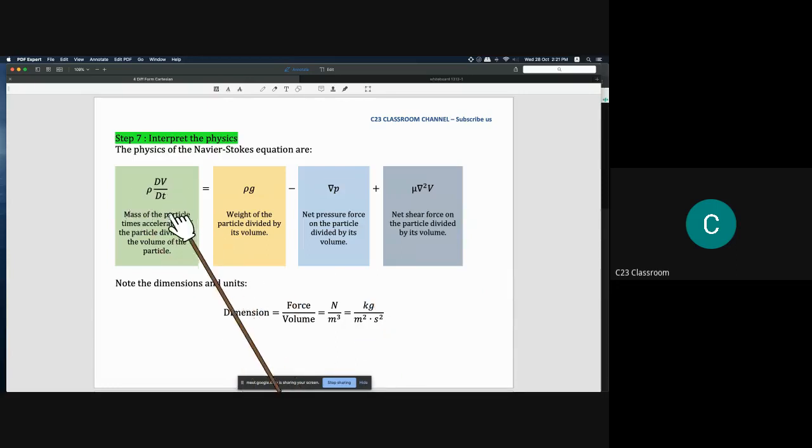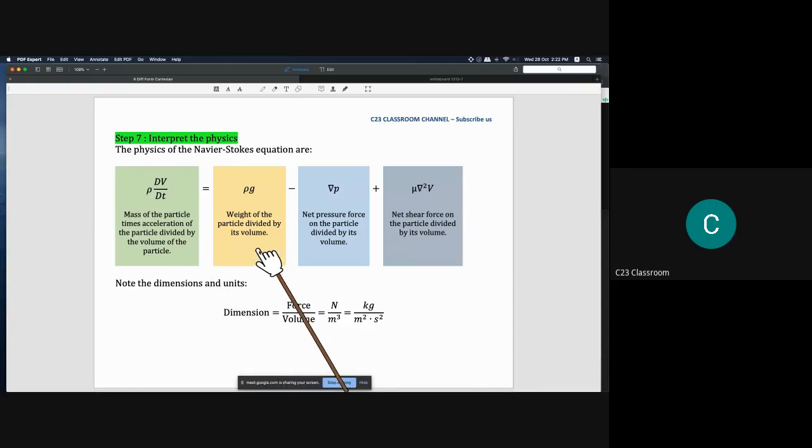So rho dV/dt is the mass of the particle times the acceleration of the particle, divided by the volume of the particle.